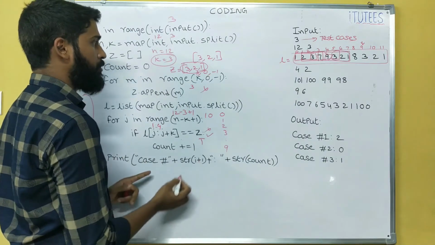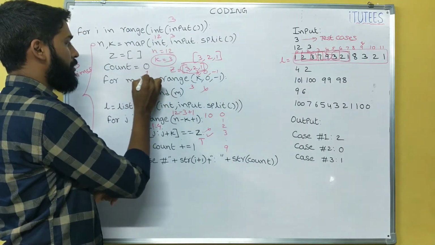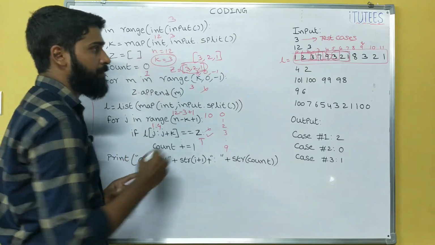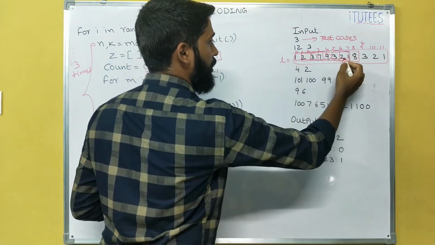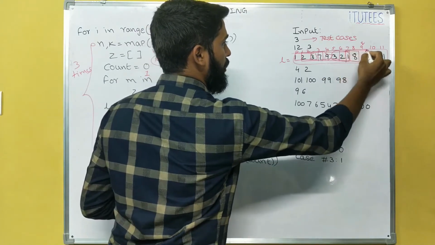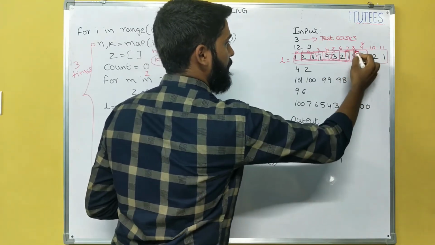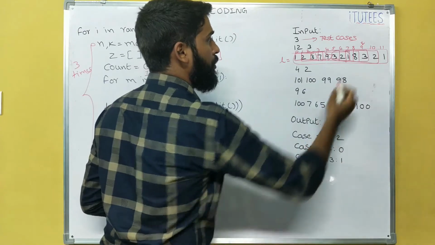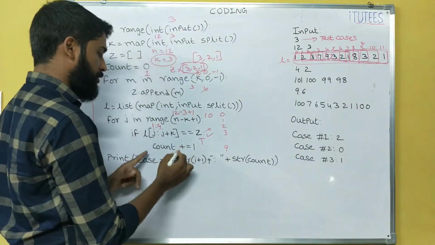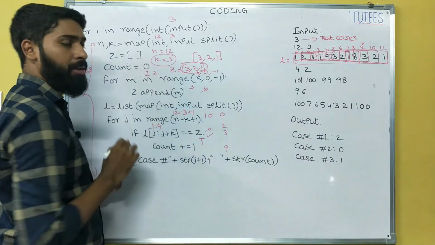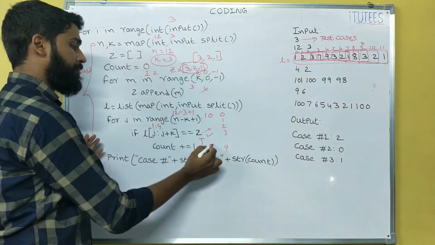So count equals 1. That means count was initially 0, and now the count value equals 1. After that, 3 2 1 8? No. 2 1 8? No. 1 8 3? No. 8 3 2? No. Then 3 2 1, again it is true. So count is incremented by 1 again. It is 2. That's it.